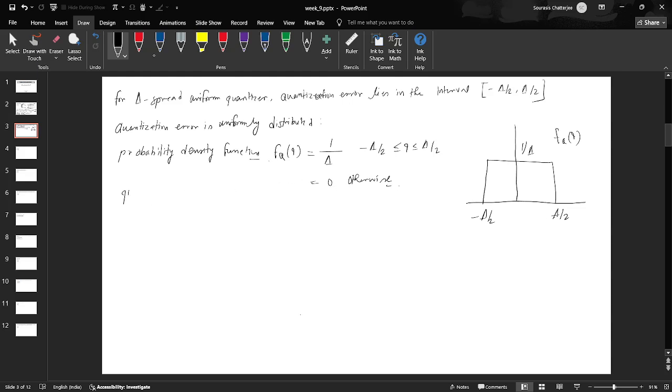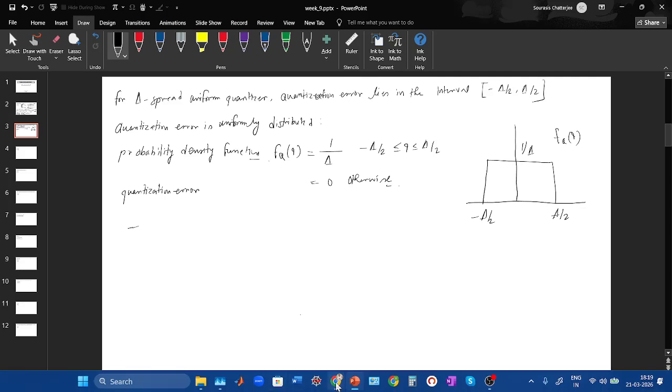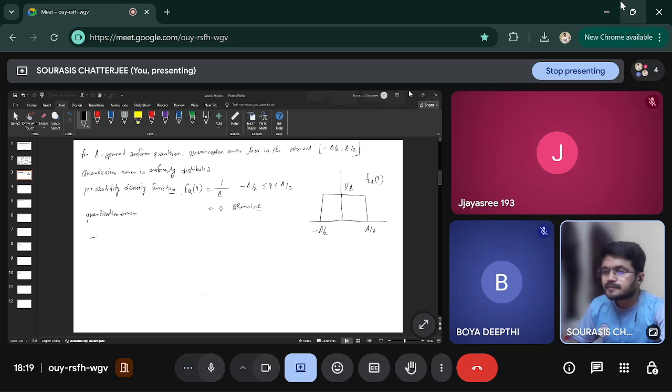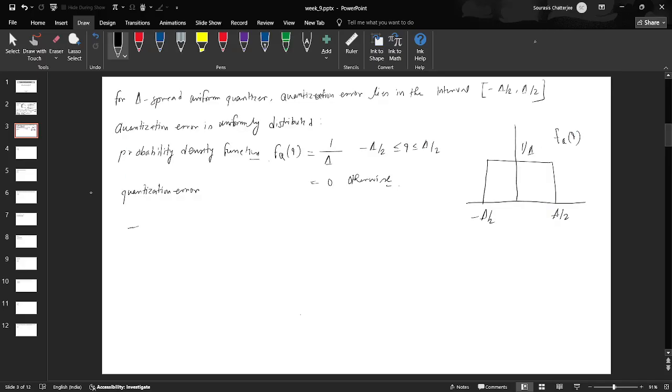Now we can define the quantization error as q equals Q of m minus m. This Q we have discussed in a previous session. This is nothing but the quantizer function.